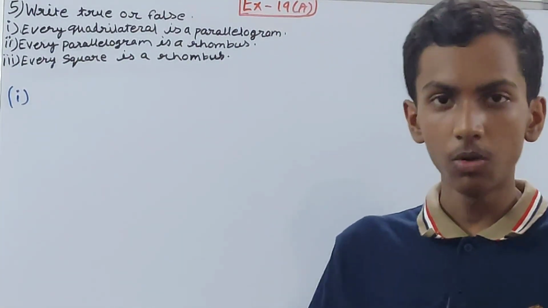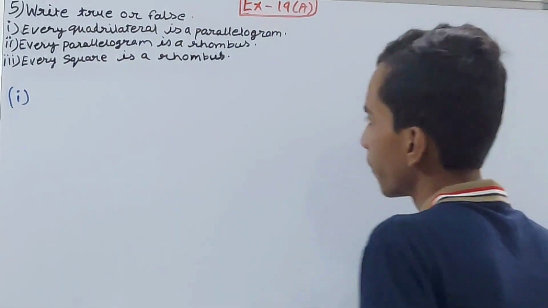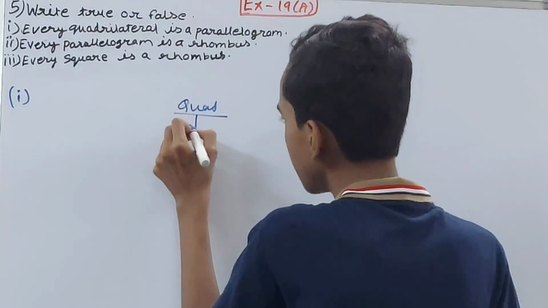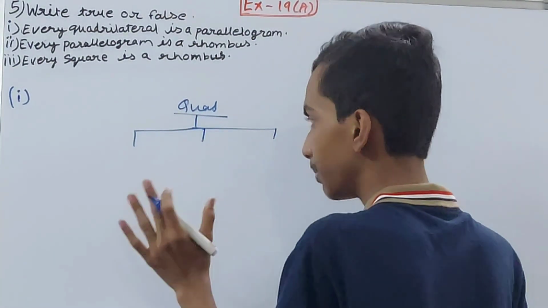Yes or no, you have to answer this. So look, we have studied that the quadrilateral family is basically of three main types that we will be studying in this chapter.